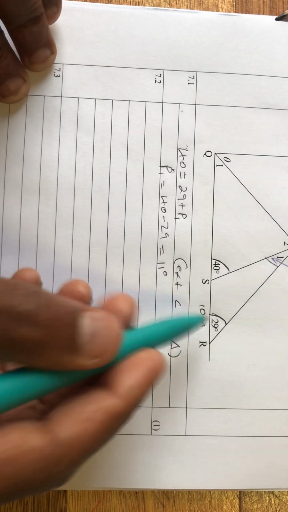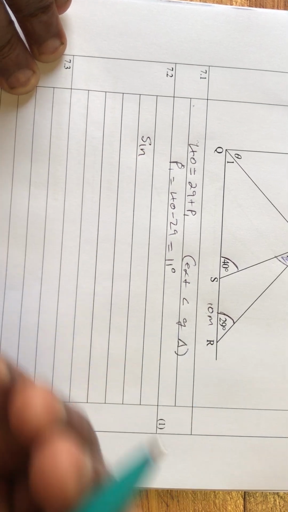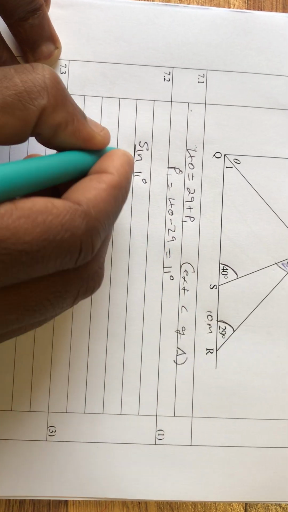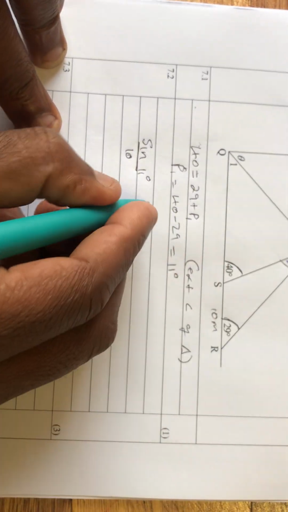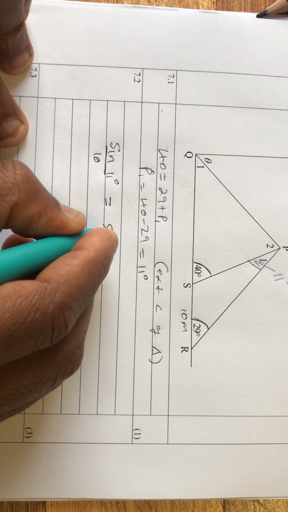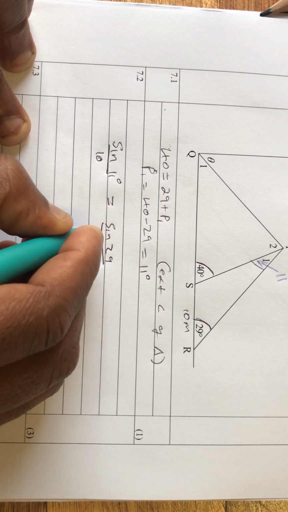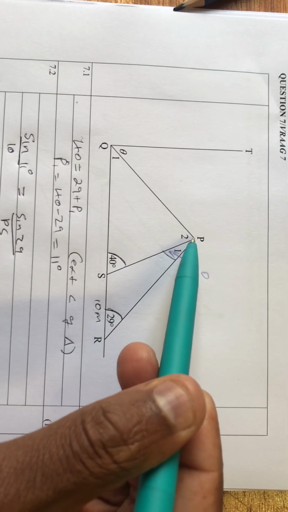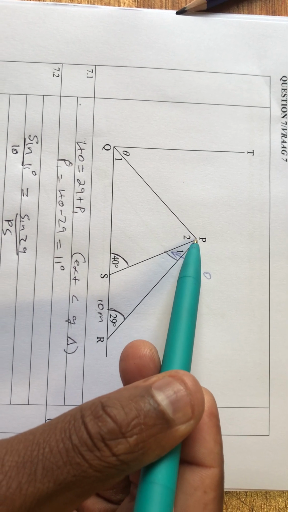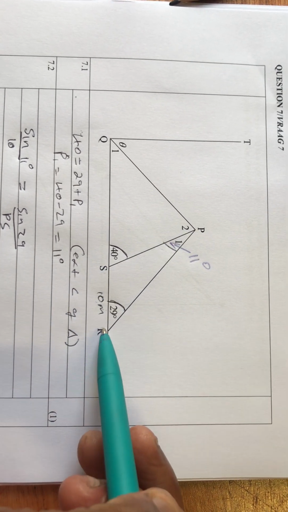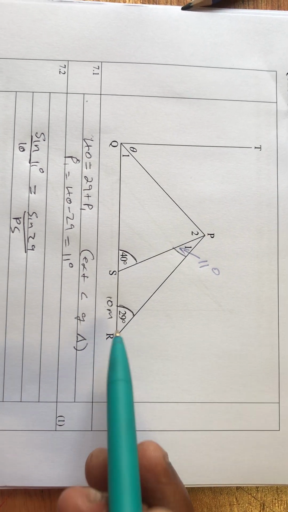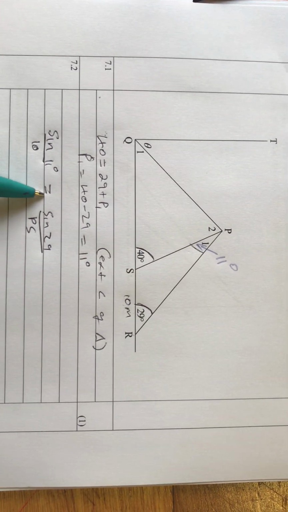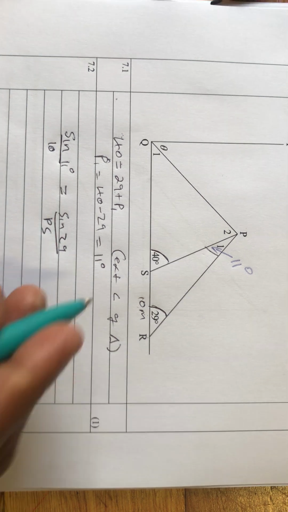So you are going to say sin 11 degrees divided by 10 meters, the opposite side of this angle, equals sin 29 divided by the PS that we are looking for. We focus in triangle PSR. Sin 11 degrees divided by 10 equals sin 29 degrees divided by PS.